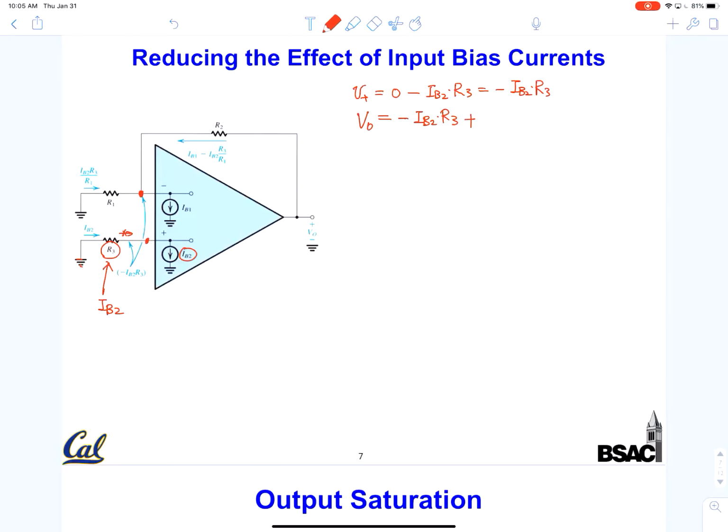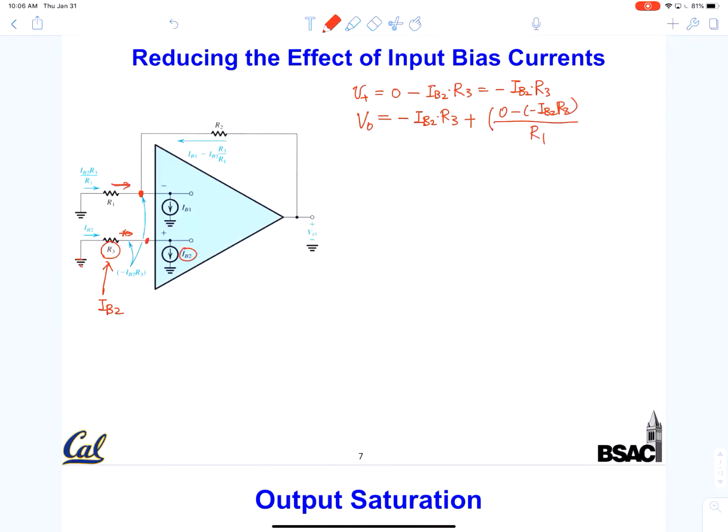So this has to be plus R2 times IB2. Actually, now there are currents in both arms, so we have to be careful. So there is a current flowing through here as well, okay? And that current is 0 minus IB2 R3, divided by R1.